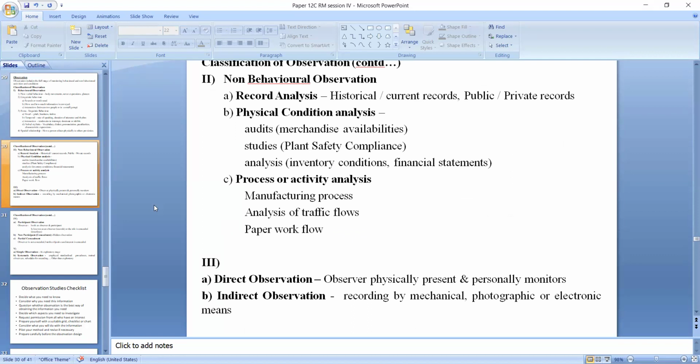The third category of different types: direct observation, where the observer is physically present and personally observing. Indirect observation is made through photographs, electronic media, whatever. When you are observing behaviors, you must have studied behavioral science.